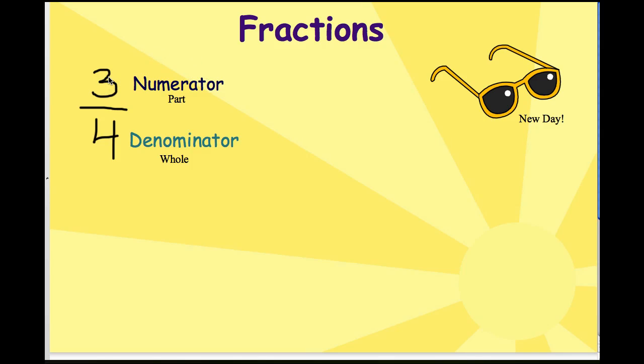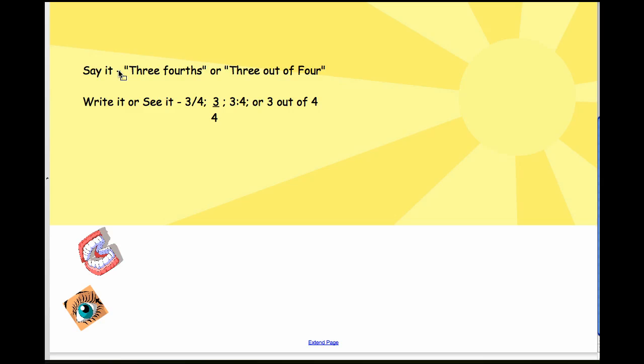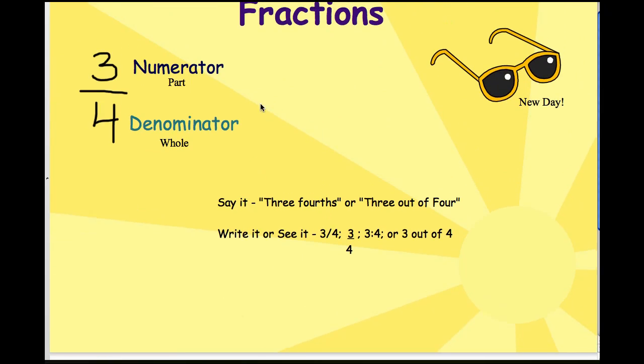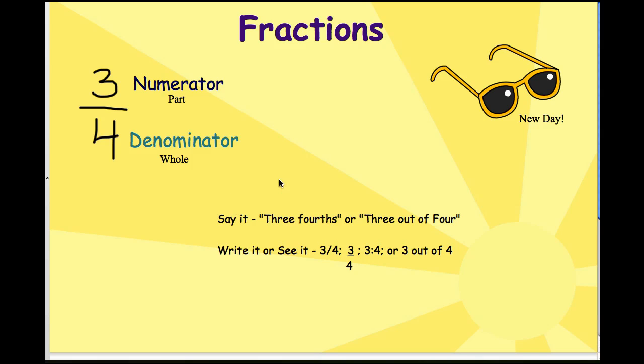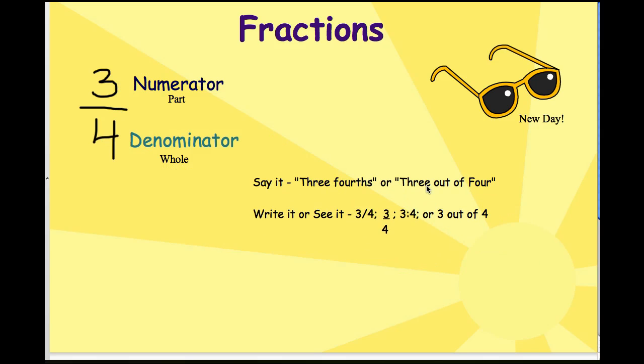Okay, so we have 3/4. The other thing I want to remind you of is the way that we say a fraction. So I'm going to bring this up here for us. When we say a fraction, we say 3/4, or 3 out of 4.